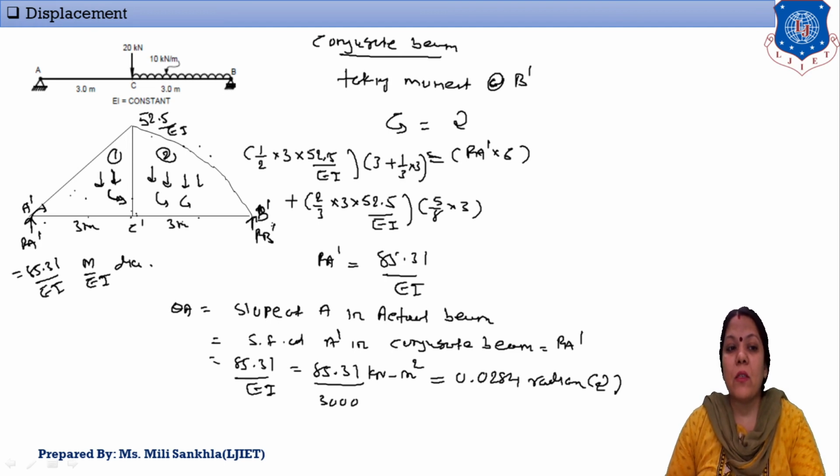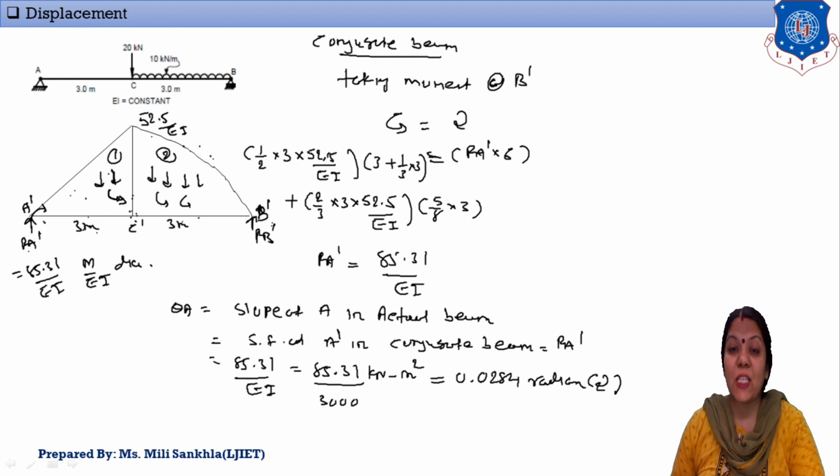I am just mentioning the step: RA dash into 3, that is clockwise moment, and area into CG of this triangle, 1/2 into 3, 52.5 by EI, and we consider CG from this C point because we find deflection at C point, and CG at this C point is 1/3 into 3.